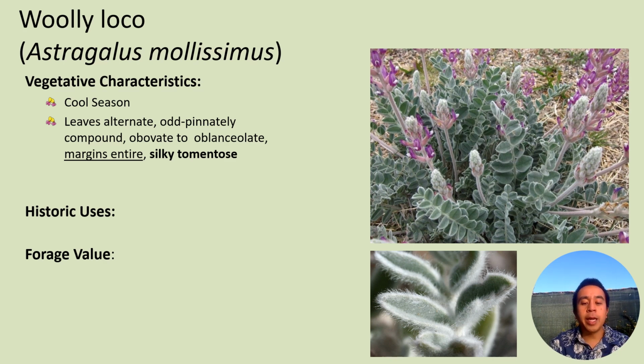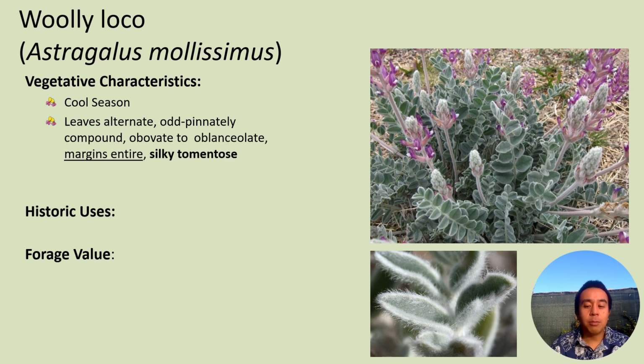When I'm saying oddly pinnate, I'm talking about how the individual leaflets are arranged on this entire compound leaf. And these compound leaves are often ovate to oblanceolate, and the margins are entire, which again, the margins are the edges of the leaves, and entire means they're not serrated or sharp, they're just completely smooth.